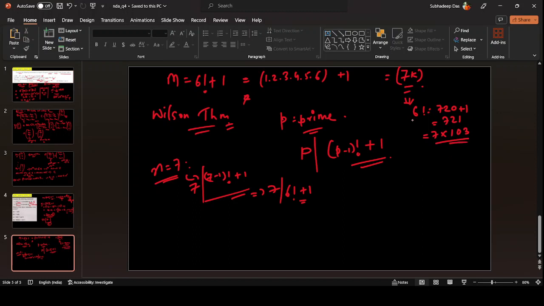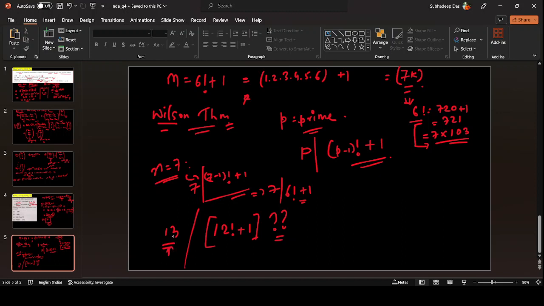So we can find this out from observation. But what if we get a bigger number? Suppose it is 12 factorial plus 1, whether it is divisible by 13 or not. So what we will do, we check Wilson's theorem. Is this number prime?